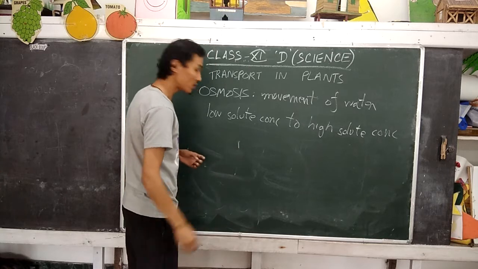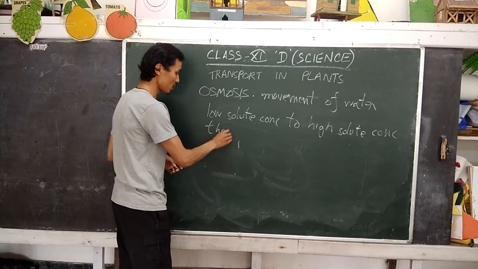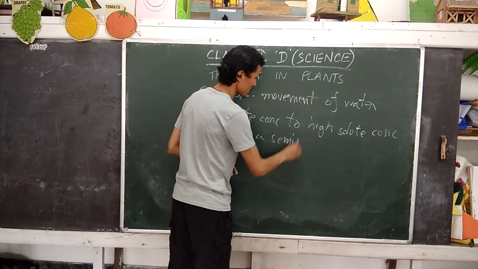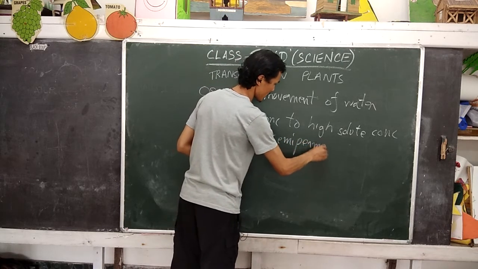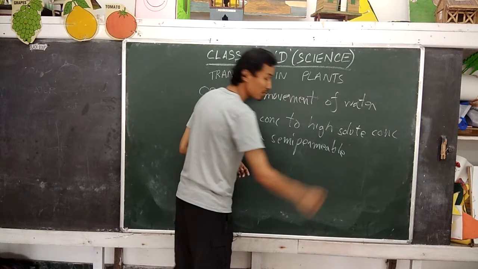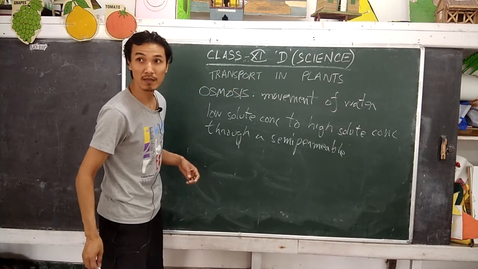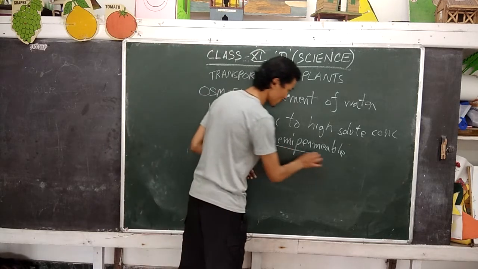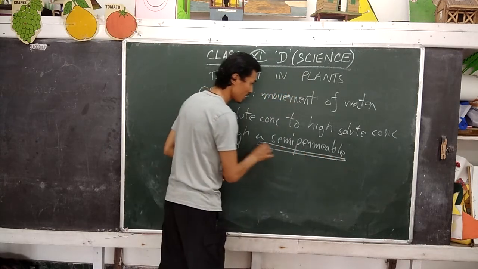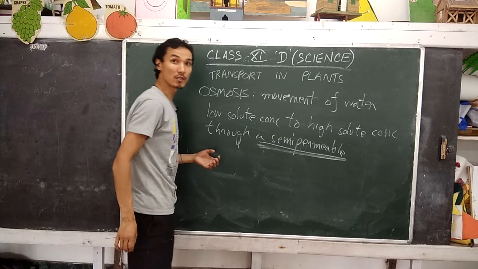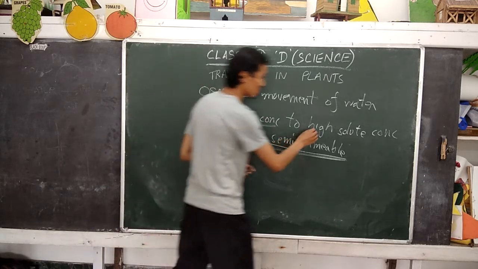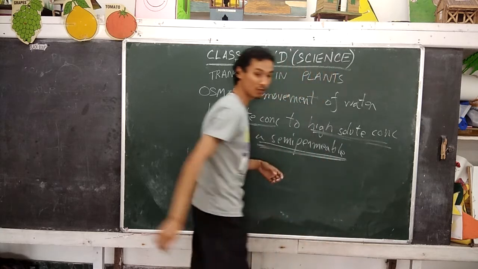And this movement always occurs through a semi-permeable membrane. The things you have to keep in mind is it always occurs through a semi-permeable membrane, and the movement of water is such that it always moves from a low solute concentration to a high solute concentration.